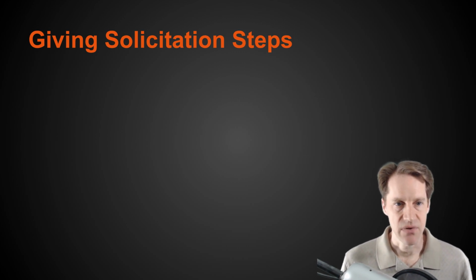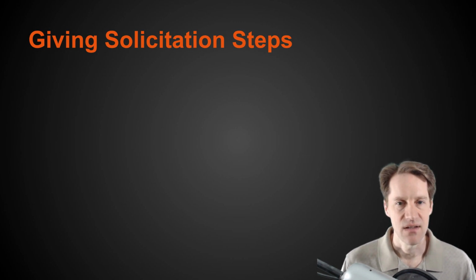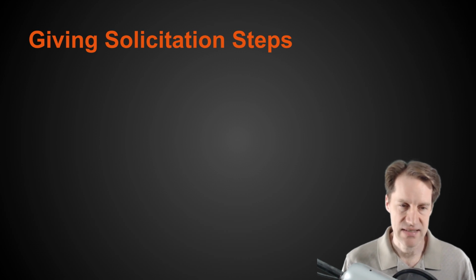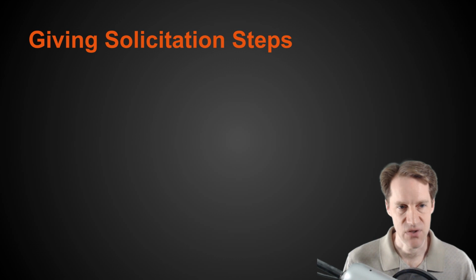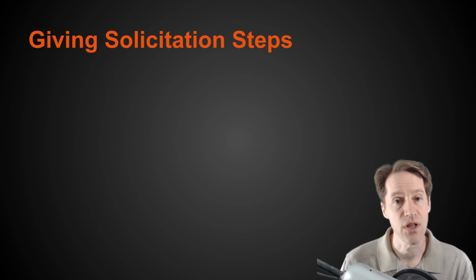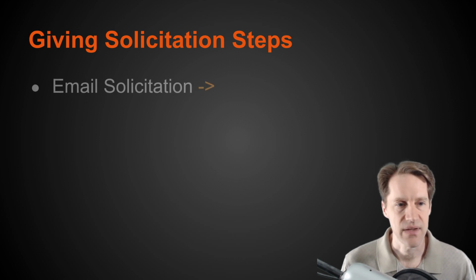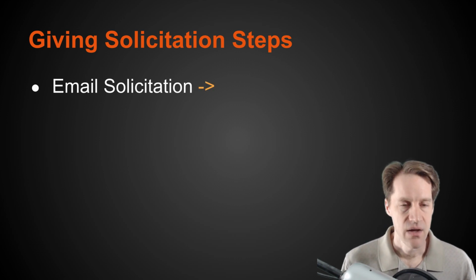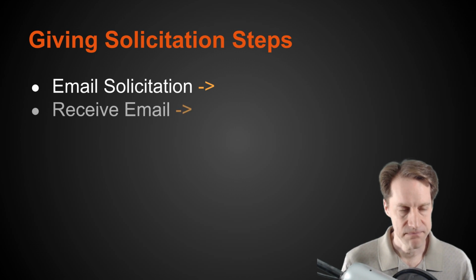So here's an example of a giving solicitation and the steps that would be involved. Now, in this example, I'm assuming this is an email solicitation. So not someone who would just come to the website. That would have its own flow, but this is from sending an email solicitation. Okay, so you have an email solicitation and you send it out.